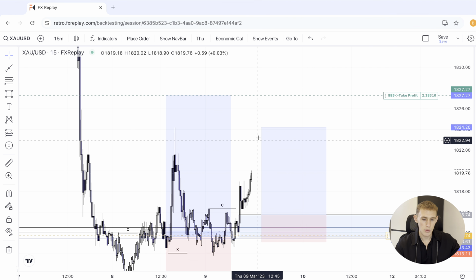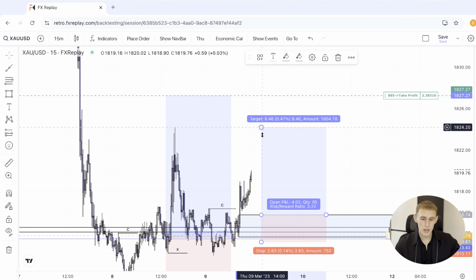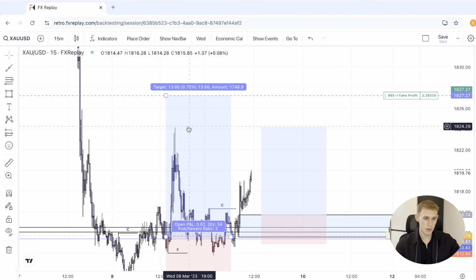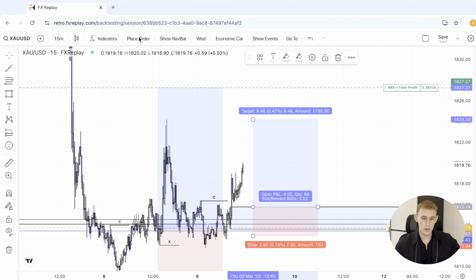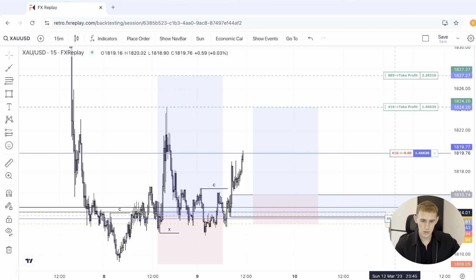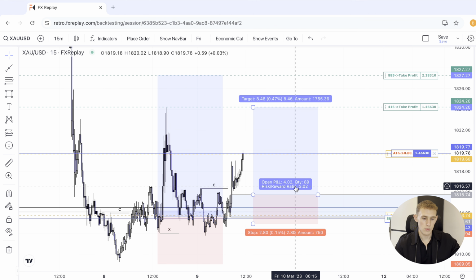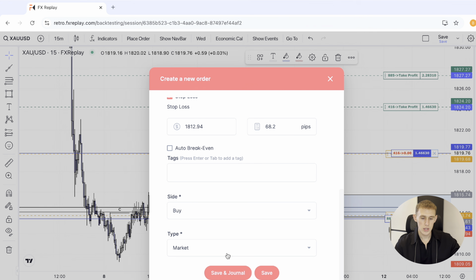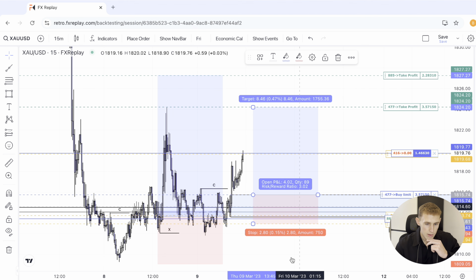Again, we're going to target a 1 to 3. So I'm going to align a 1 to 3 with this previous high because I see that getting taken out. We didn't want to do market execution, we wanted to set a limit order. There we go. Limit order is set.